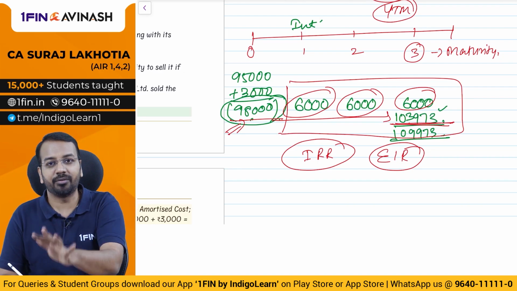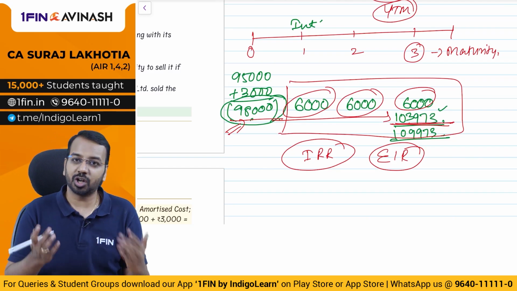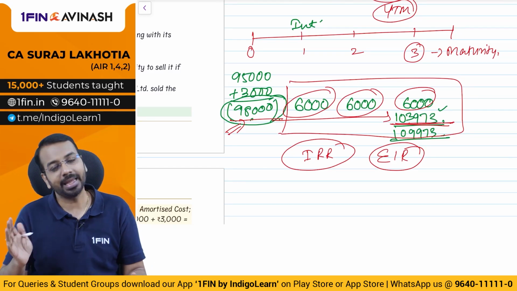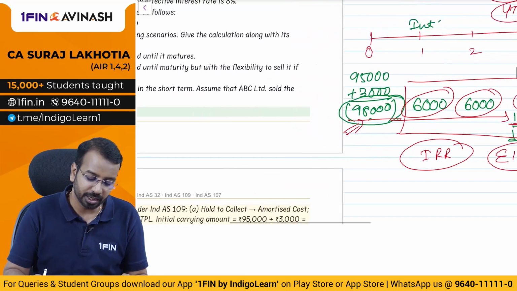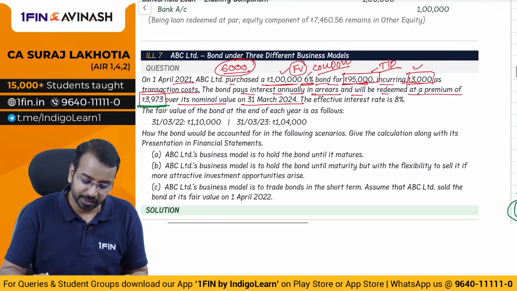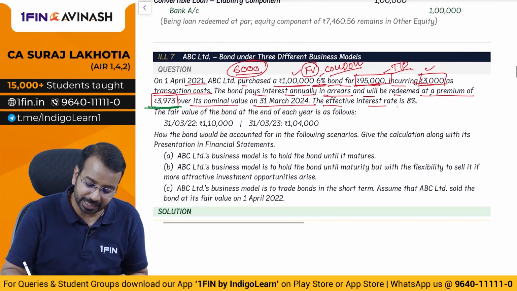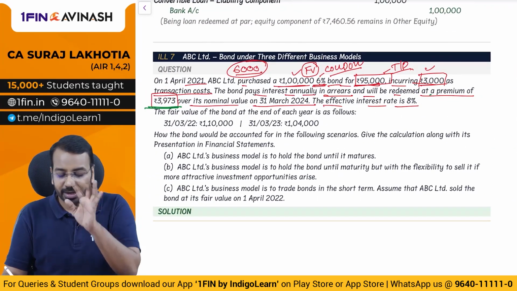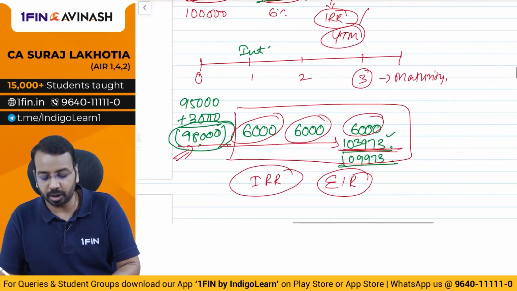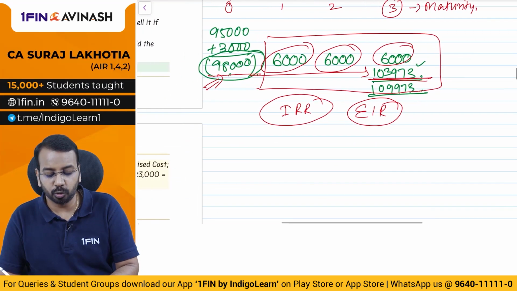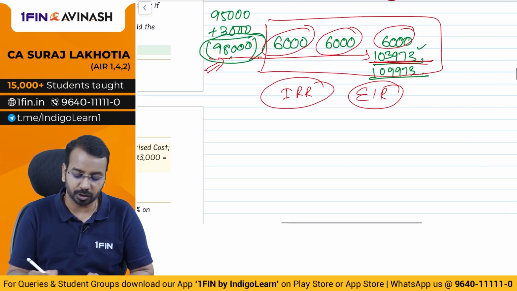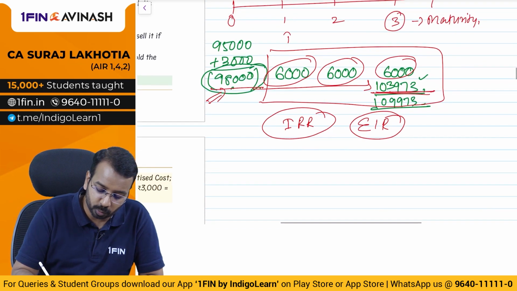Now this will be given to you in the question. If it is not given, you have to use the IRR formula and calculate. So here what have they said? Let us read. The effective interest rate is 8%. Now I will give you a very small working for your understanding purpose only. You don't need to do that in the examination. This is year 1, this is year 2, this is year 3.